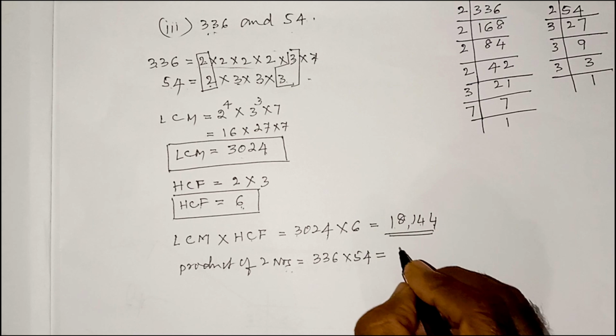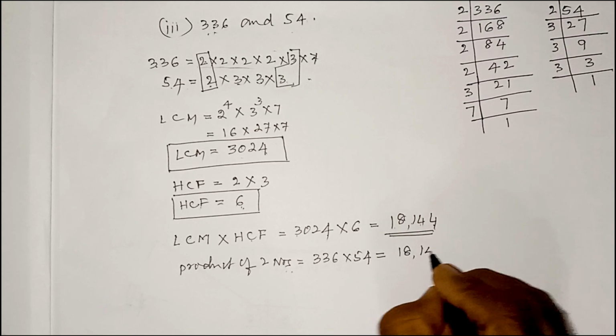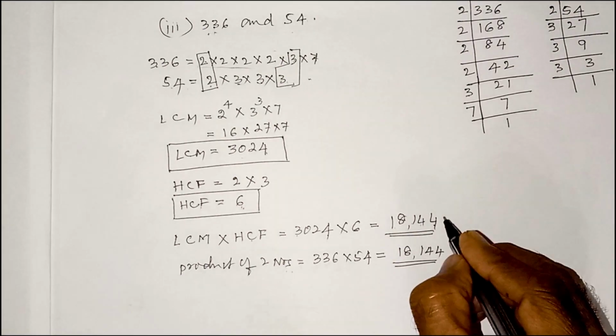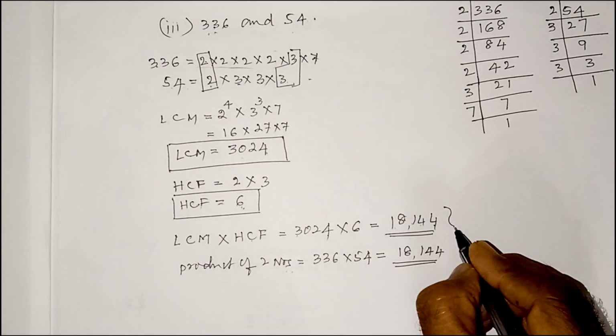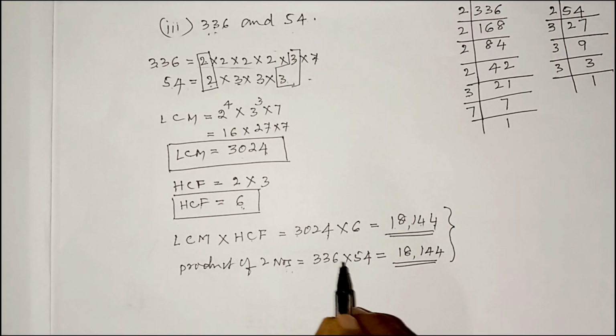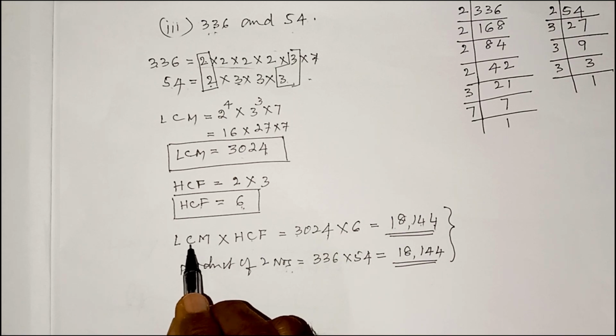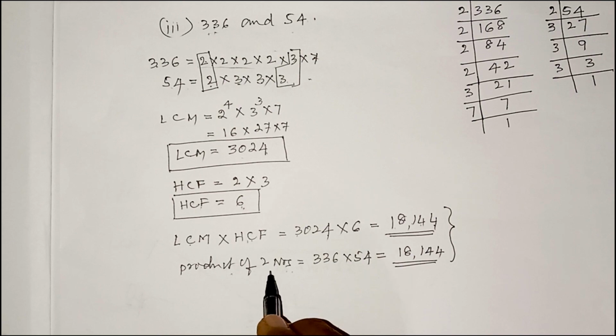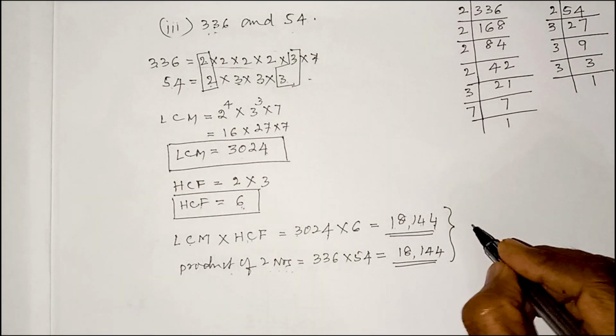If you multiply, you get the same number again, 18,144. You try that, you get this number. Therefore, the answer is that the product of LCM and HCF is equal to the product of the given two numbers. So we have arrived at the answer.